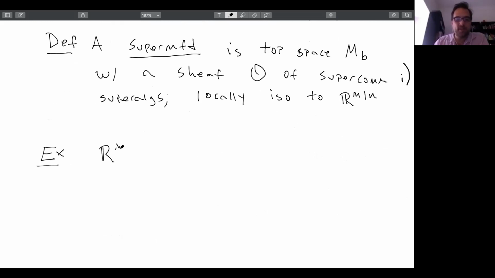R^{m|n} is the pair where you have the topological space R^m, and then the sheaf, I'm going to write calligraphic letters for the sheaf, of smooth functions tensor this exterior algebra.